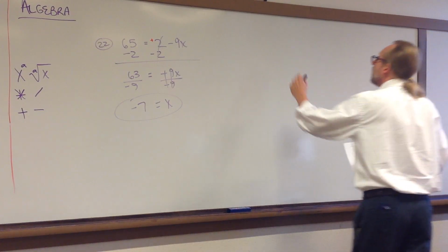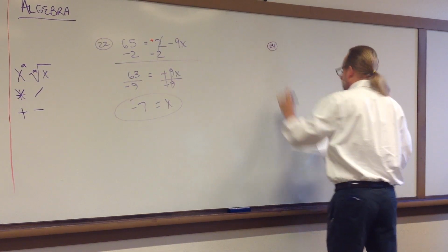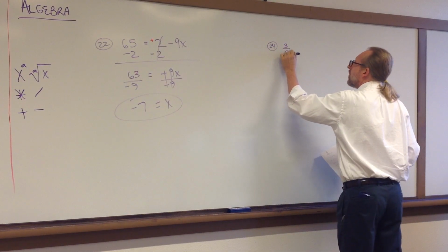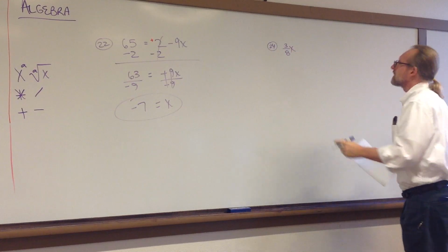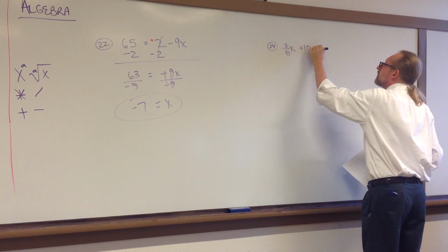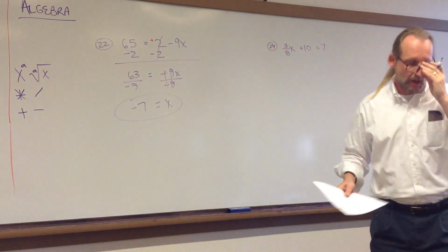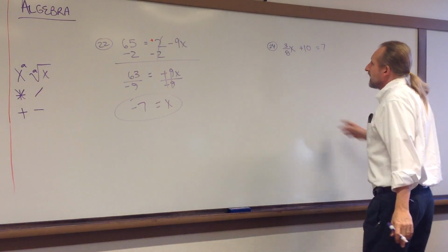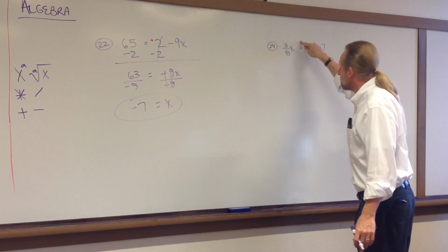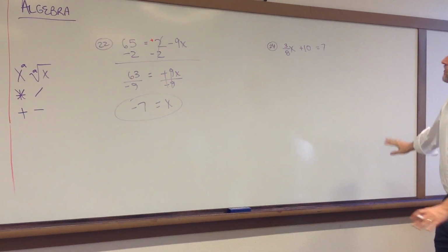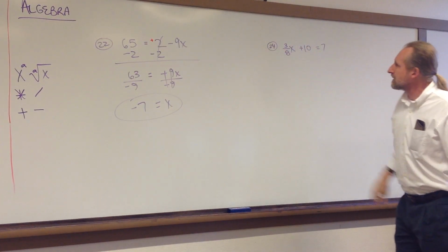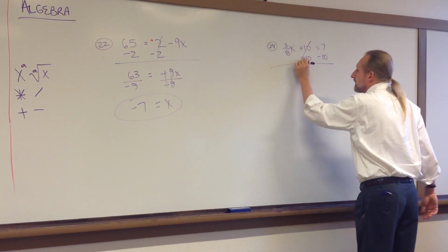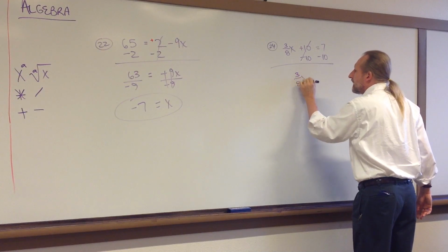Problem 24, we've got 3/8 x plus 10 equal to 7. Okay, so we don't have to worry about signs here, about positives and negatives. This is a positive 3/8, this is a positive 10. So if we want to get this piece by itself, subtract 10 on both sides, so this cancels out and we're left with 3/8 x.